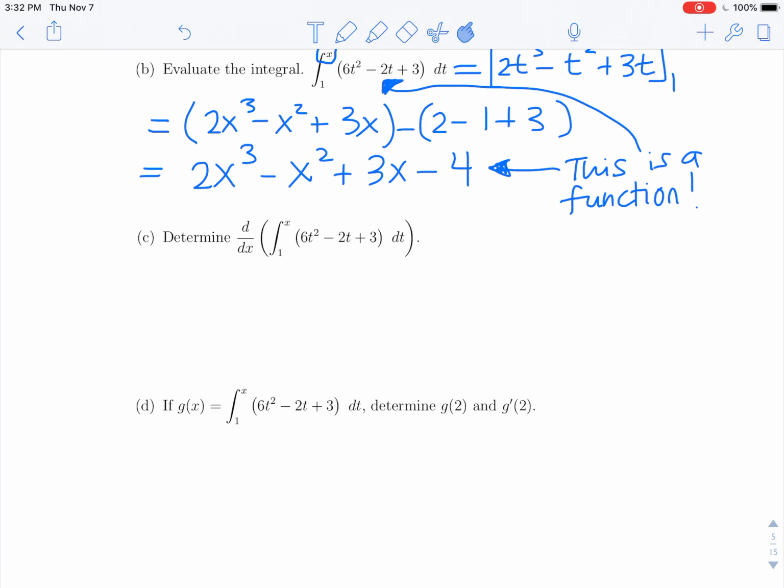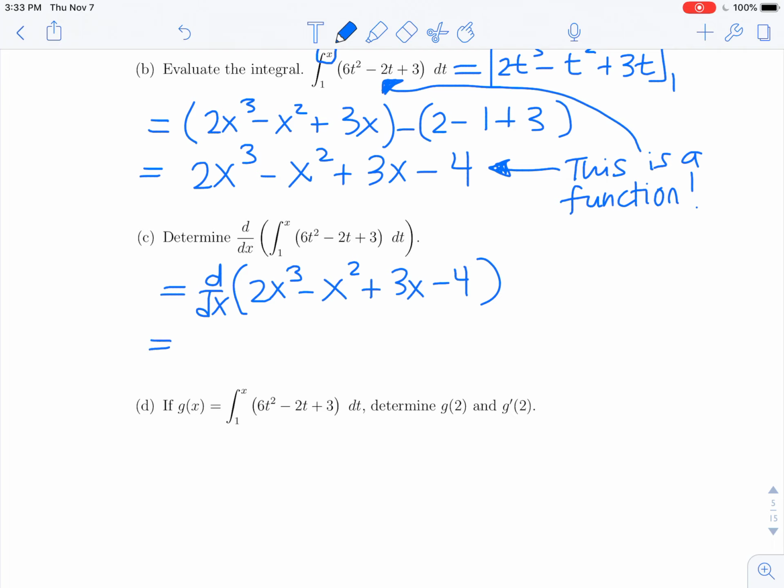So part C says determine the derivative of that weird integral function. So determine the derivative of the definite integral from 1 to x of 6t squared minus 2t plus 3 with respect to t. And so using part B, we can rewrite that weird definite integral function. So we want to take the derivative of 2x cubed minus x squared plus 3x minus 4.